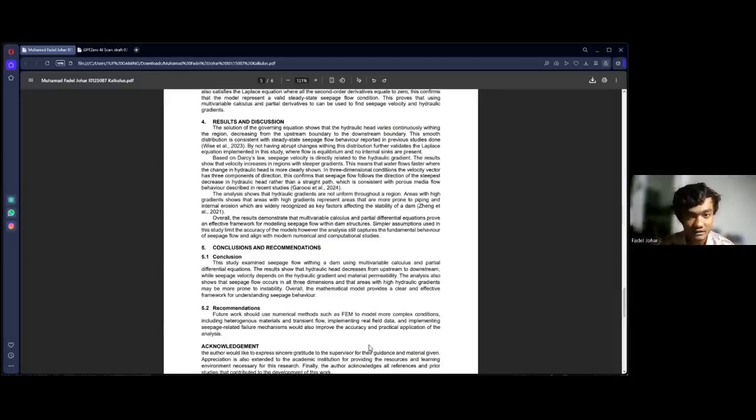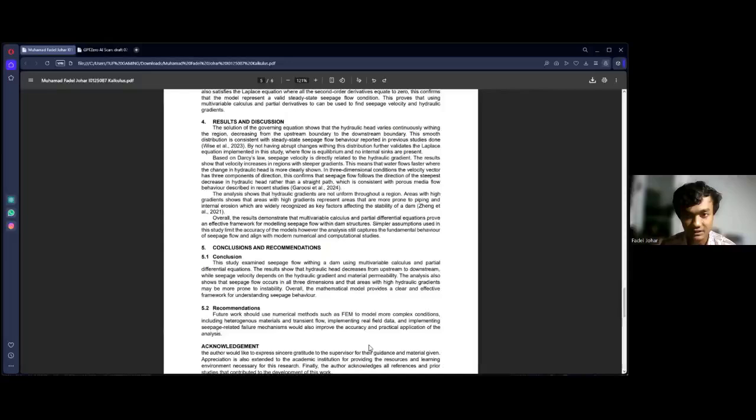Based on Darcy's law, seepage velocity is directly related to the hydraulic gradient. The results show that velocity increases in regions with steeper gradients. In the example before, the steepest gradient was the z gradient, which was the highest one, where the velocity was the highest. This means that water flows faster where the change in hydraulic head is more pronounced.